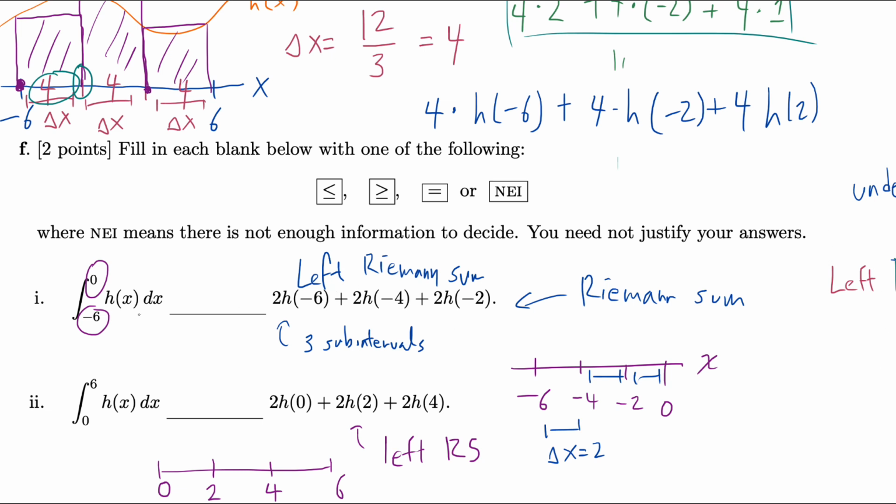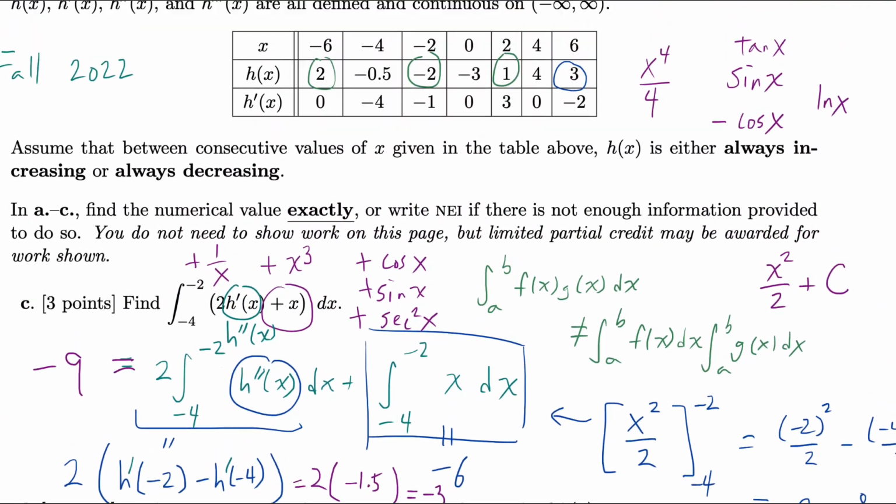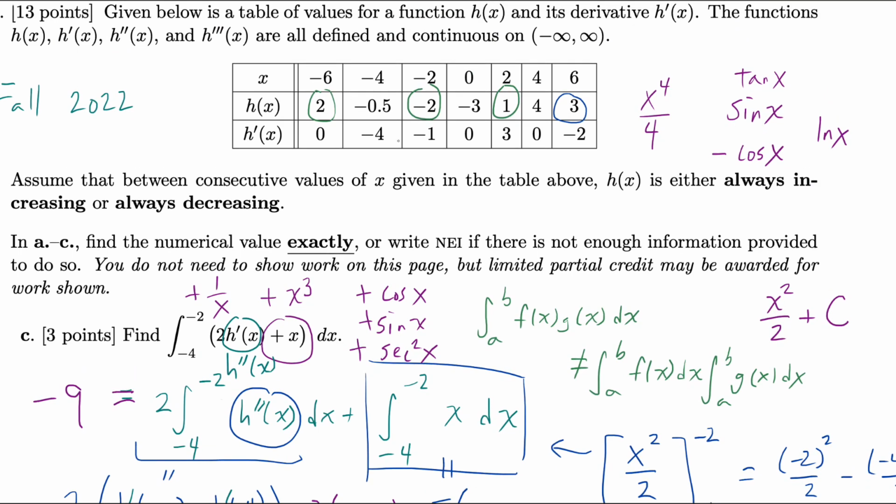So let's go back to the table and see what's happening between -6 and 0. The key thing we have to use is that h of x is always increasing or decreasing between consecutive values of x. If we don't have this information, then all the table provides are the values at only 7 different values of x, and the answer would probably be not enough information, because you cannot tell anything about monotonicity just from the table.